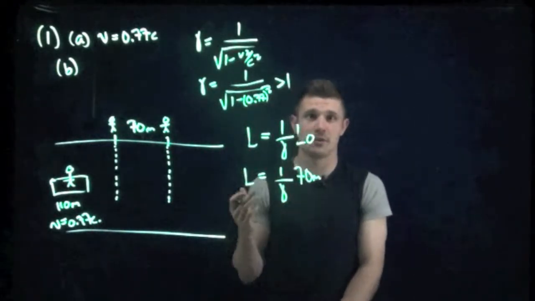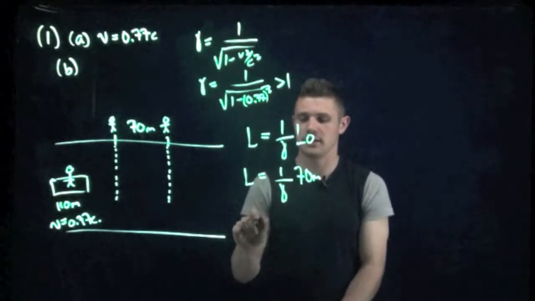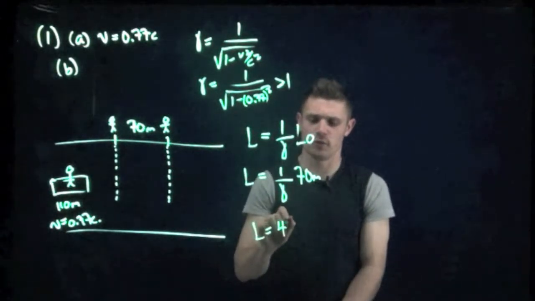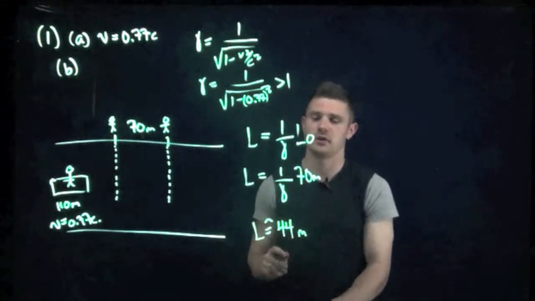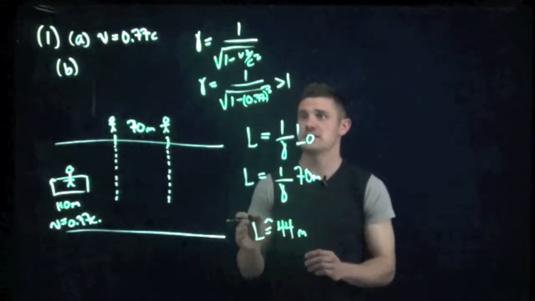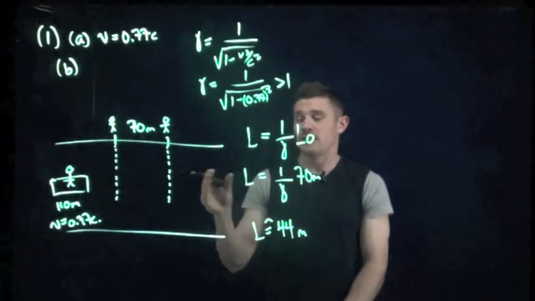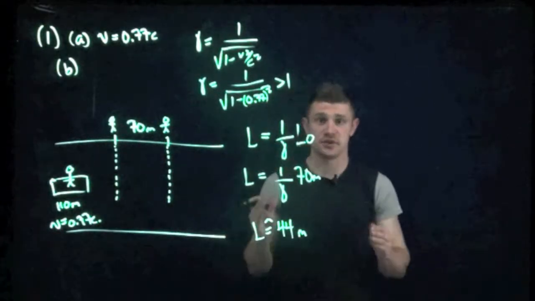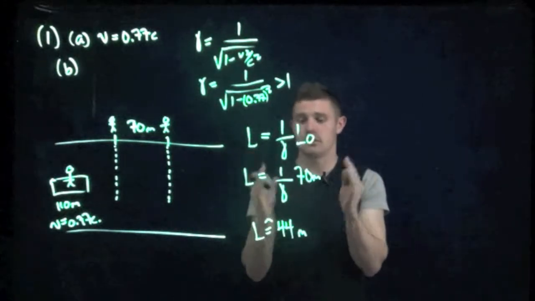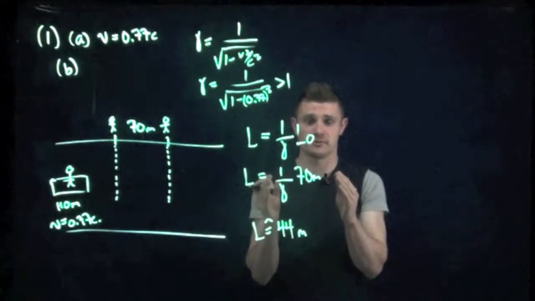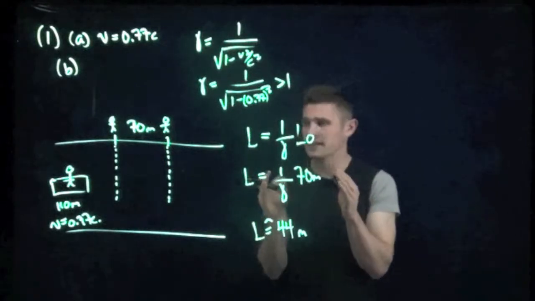You can solve for gamma using your calculator, plug this in, and I think it's somewhere around 44 or 45 meters. I didn't do the calculation, but I remember looking at the solutions and seeing what it was. So what that means is that as Heidi passes by those two snipers, she will see the distance between those two lasers to be approximately 45 meters, approximately 44 meters, as I've written down here.